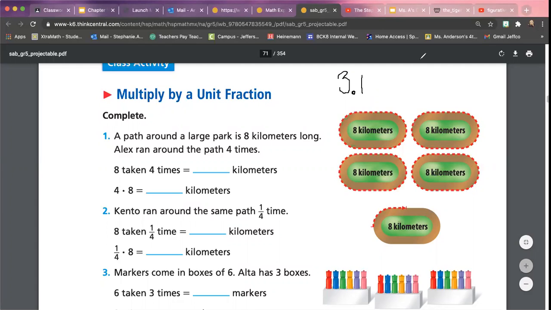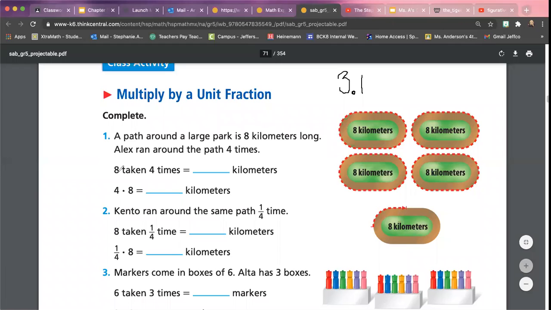Our first one here says, a path around a large park is 8 kilometers long. Alex ran around the path 4 times. So you'll notice, and I think this is written very weirdly, 8 taken 4 times is how many kilometers?